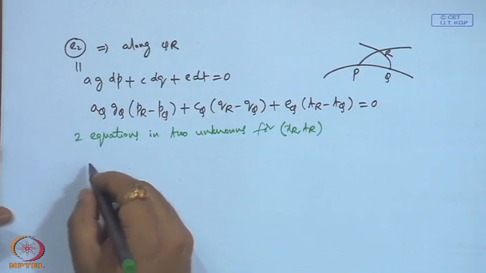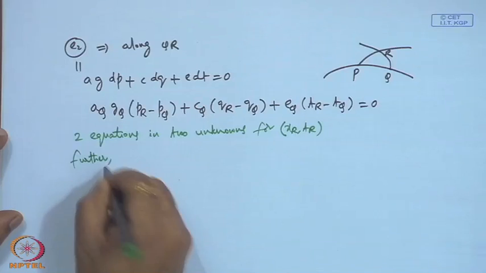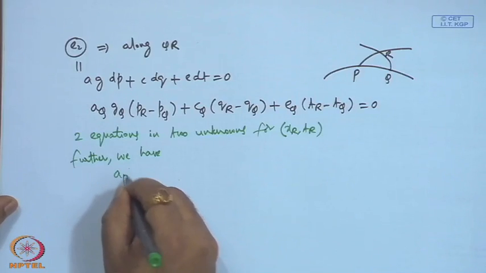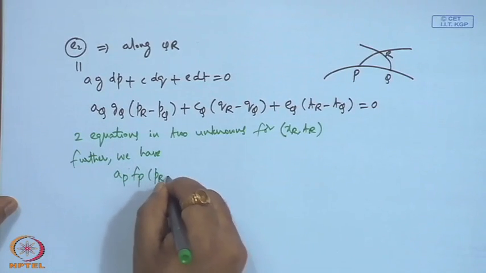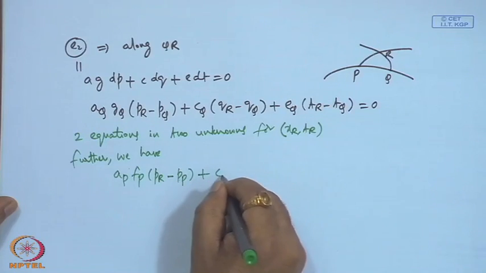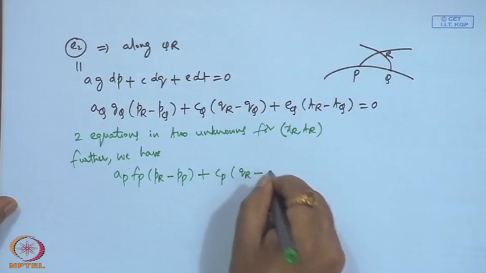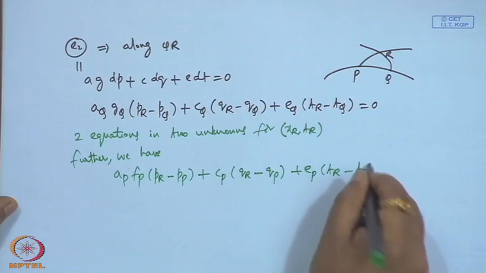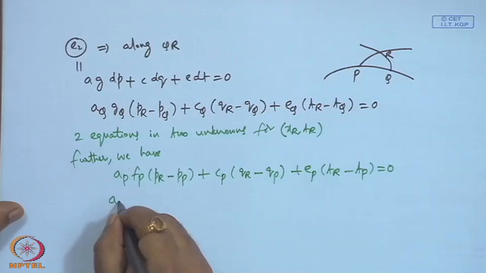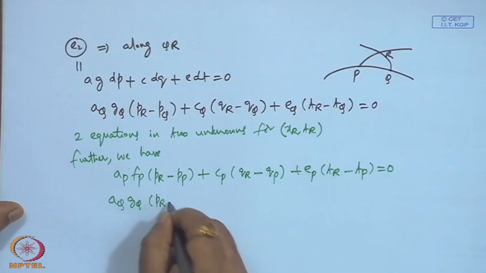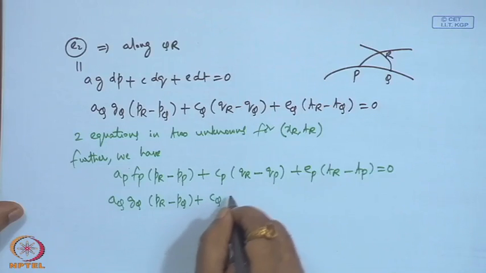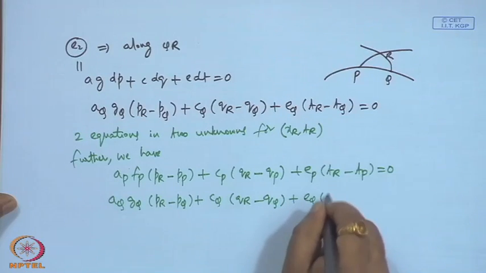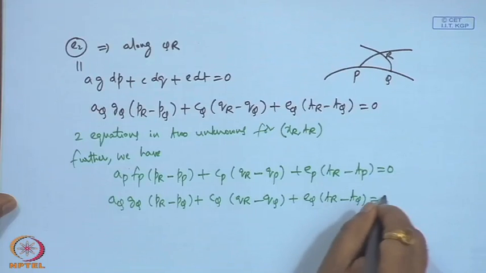So, maybe we have to write down further, we have A P F P, this is one and the other one is this. Okay.